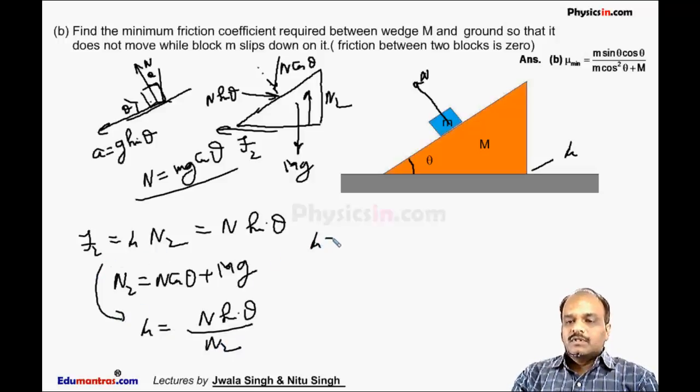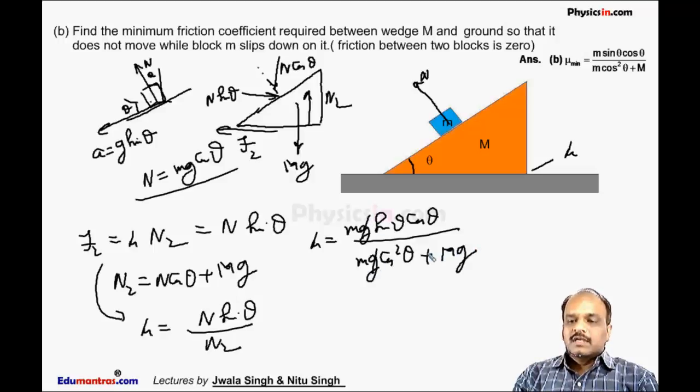Now I can write mu is equal to N sin theta, where N is mg cos theta, so mg sin theta into cos theta, divided by N2, meaning N cos theta plus Mg. N cos theta means mg cos square theta, plus capital M into g. So this g will cancel out.